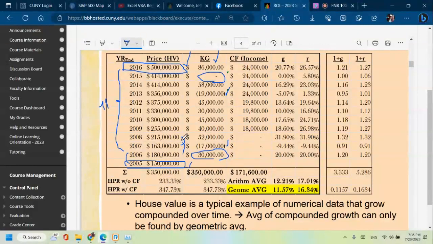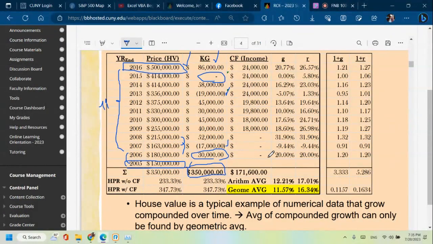The price changed like this, and I told you there are two types of stocks: stocks that don't pay dividends and stocks that pay dividends. If the stock didn't pay any dividends, the sum of all of these capital gains, which comes to 350K, is the capital gains for the holding period, right?